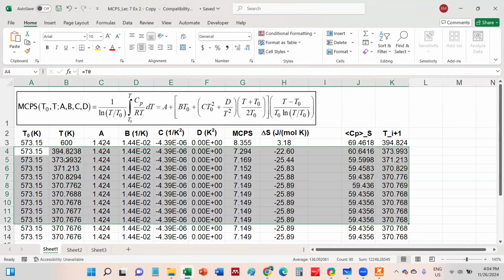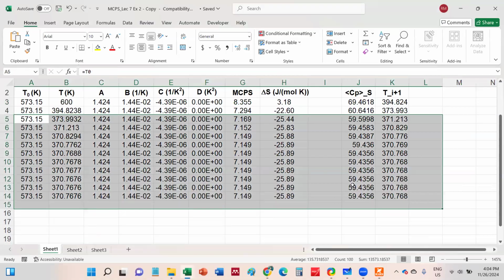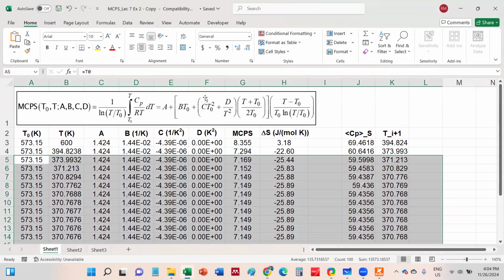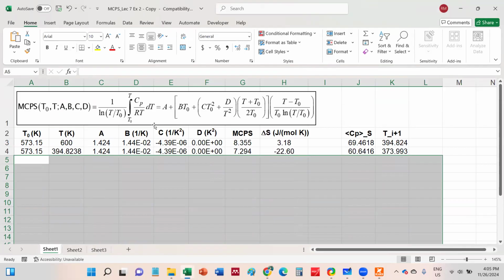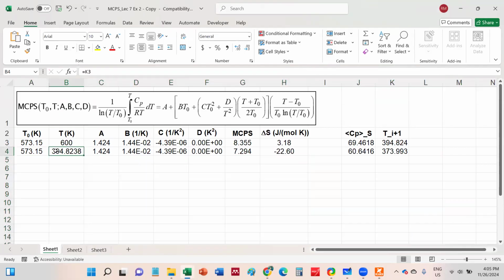Okay, so via spreadsheet, this is one of the calculators that the book has provided. So basically, this is T2, which is the unknown. So here it's T naught and T. So T corresponds to T2, T naught corresponds to T1 in our problem.